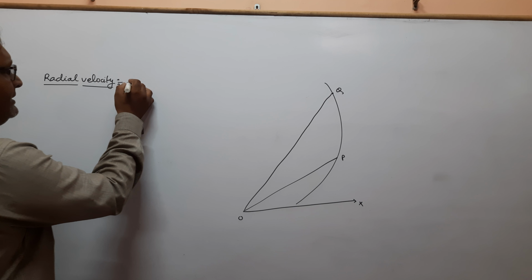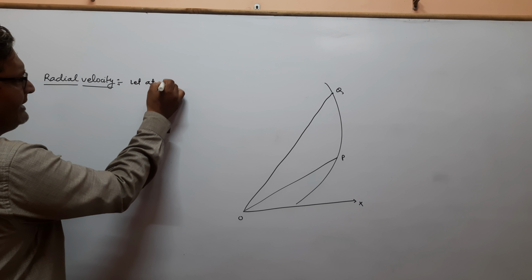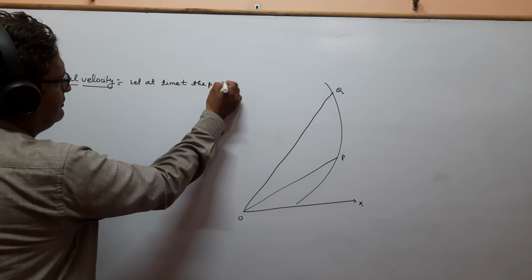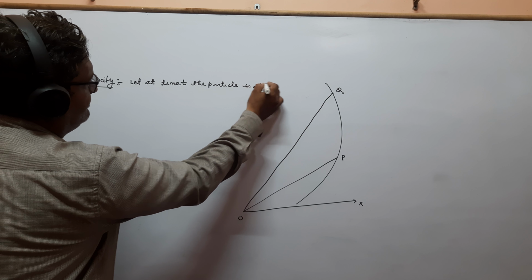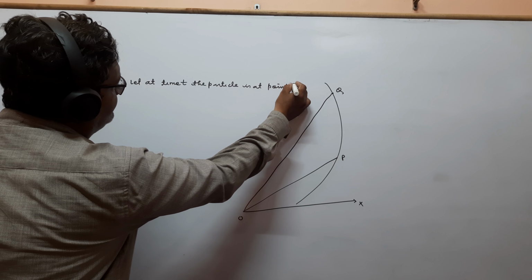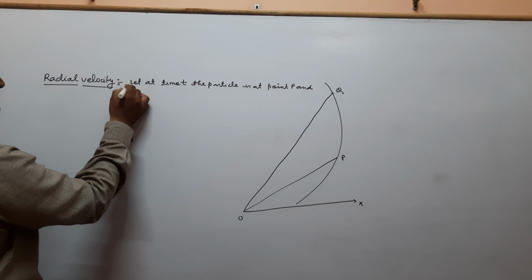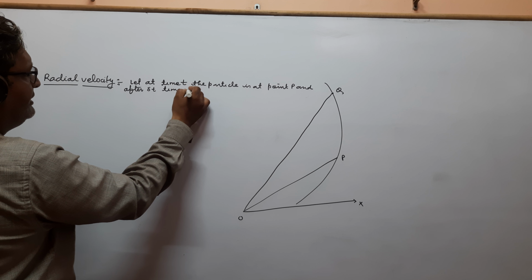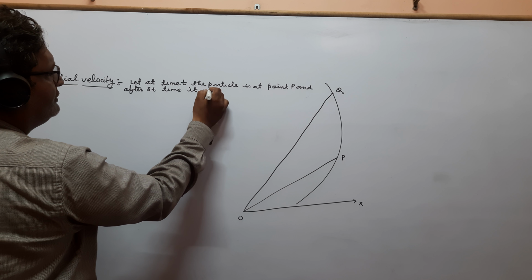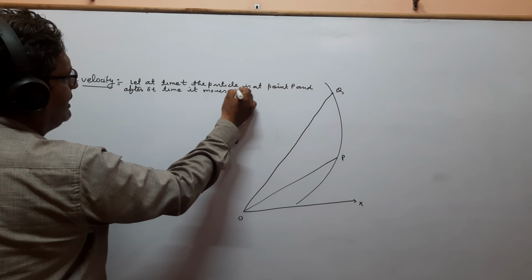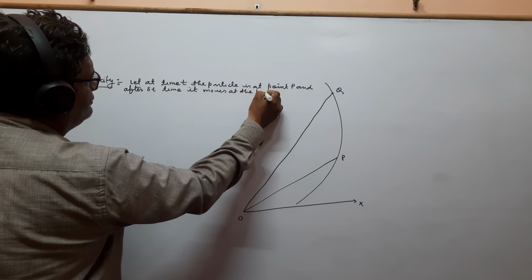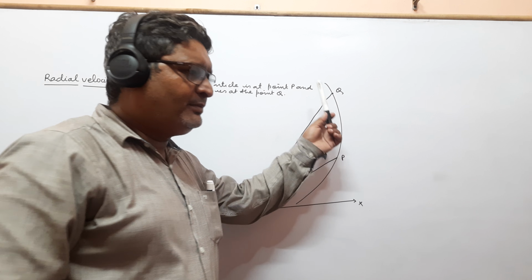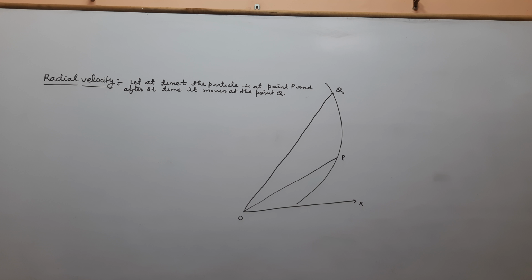Now we suppose that at time t the particle is at point P, and after del t time it moves to the point Q. Here we can see there is a particle which moves on a curve.